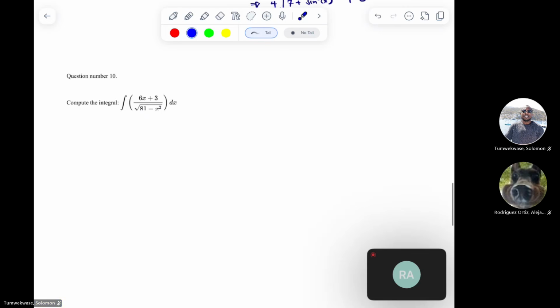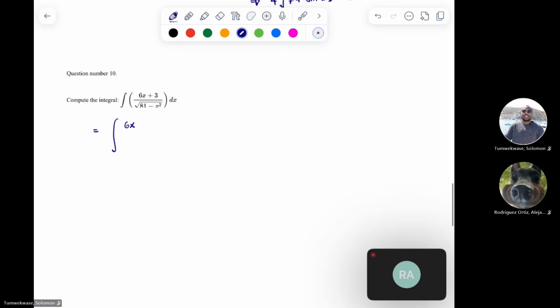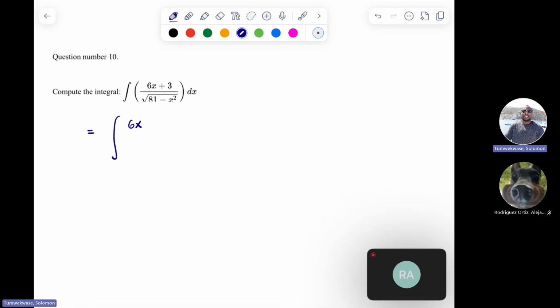Okay? So the first thing I can do is, this is the same as integral of 6x plus 3, then over a square root of 81.